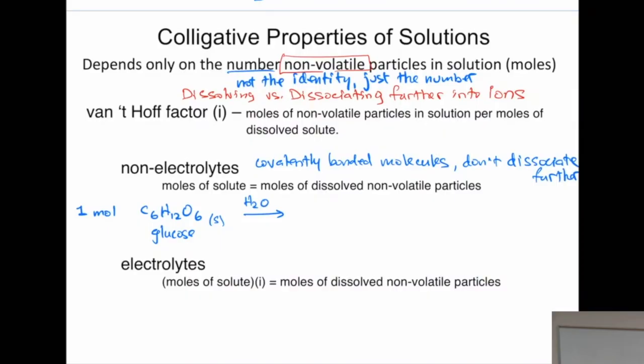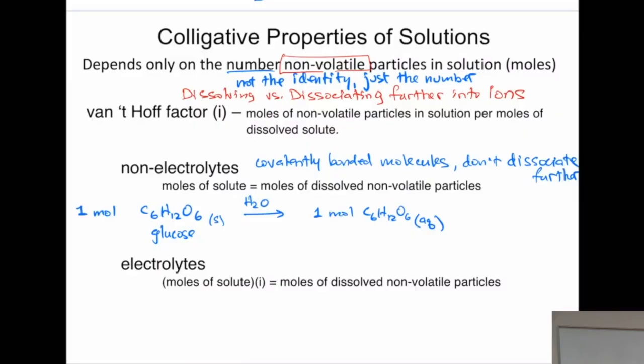But when it dissolves, I get 1 mole of C6H12O6. Now, what's the phase? Is it solid? What is it? It's aqueous. But it's still 1 mole. So if I take 1 mole of solid particles and I dissolve it into solution, if it's a non-electrolyte, I'm going to still have 1 mole of particles in solution.